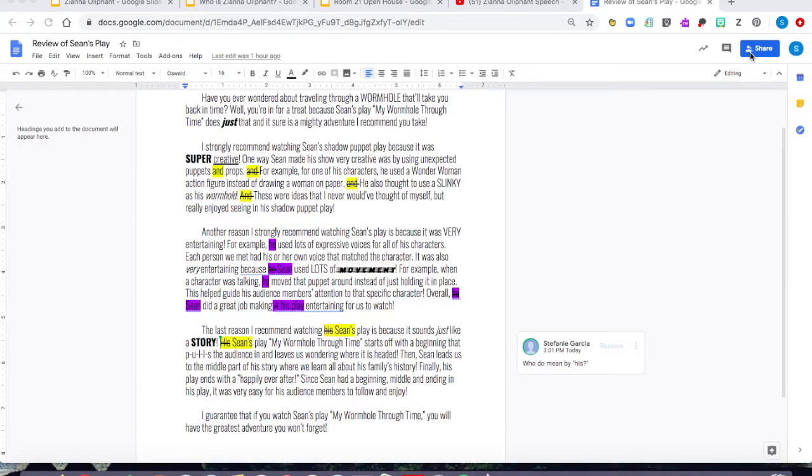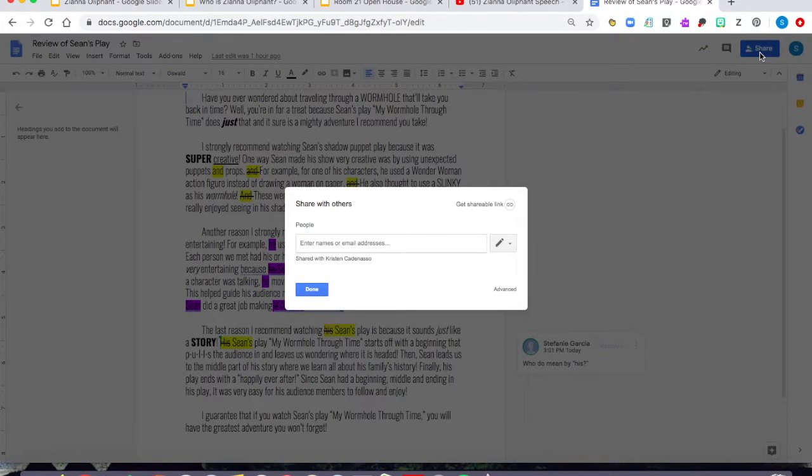And then it has a couple of little people to the left of the word share. I click this button. Then this opens up. It says share with others, and then it says people. Inside of this bar, it says enter names or email addresses.